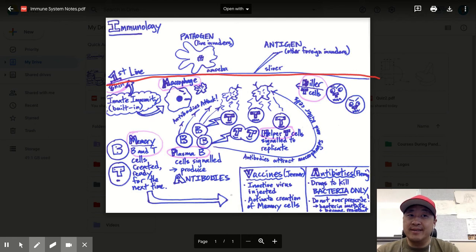And what that does is it makes your body react, but not like fully react, react in a way that produces some memory B and T cells. The virus will not replicate and invade your body like the normal one would, but at least it gets your body ready for when those live viruses come in.